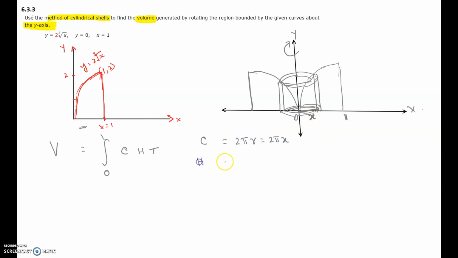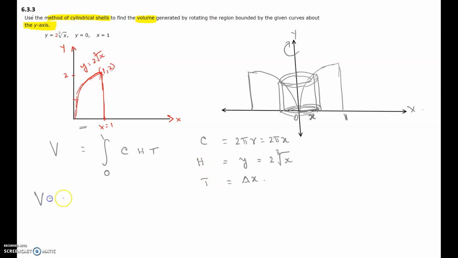And then the height is equal to the function y, in this case y = 2 times the cube root of x. The cylinder is placed vertically, so the thickness is along the x-axis, which is delta x. C stands for circumference, H stands for height, T stands for thickness.